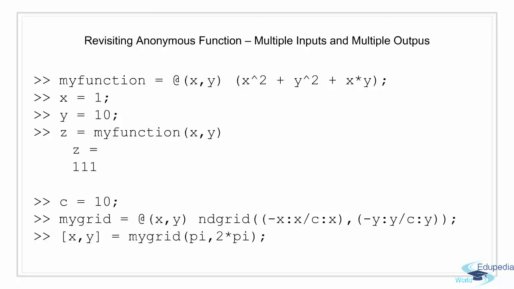So for two inputs, it returns two outputs that we can take using square brackets, like [x, y], and we call our anonymous function. These two outputs are stored in x and y respectively.